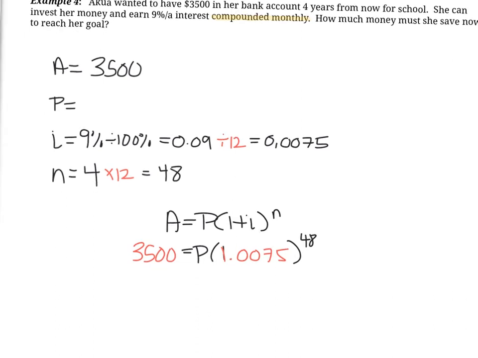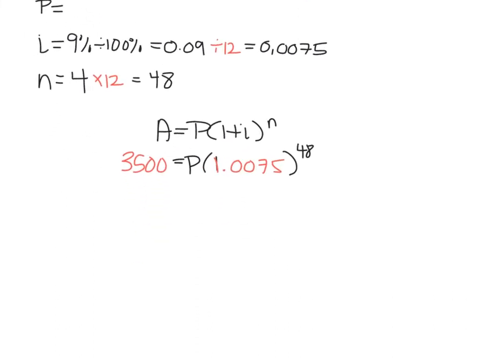So how do I get P by itself? We did an example like this already. I have to get rid of this entire thing here. So how do you get rid of times this thing? We're just going to divide by that thing. So we're going to divide by 1.0075 to the power of 48, and we're going to do it on both sides.